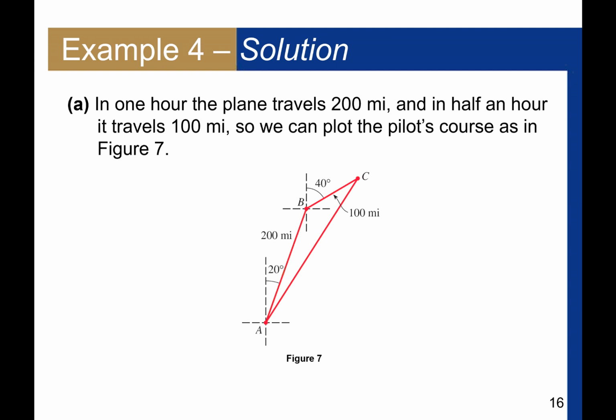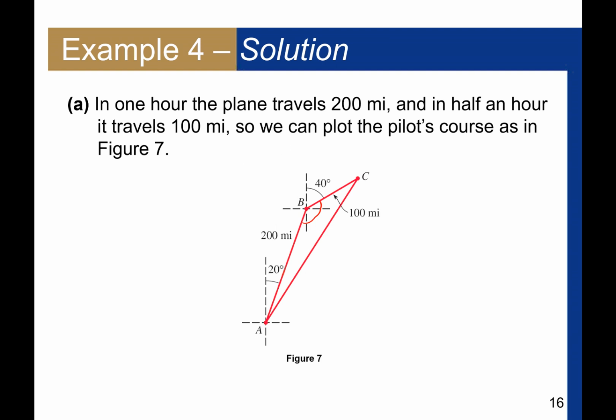Now the issue is, we have this side is 200, we have this side is 100. They're asking us in part A to calculate the third side. Clearly not a right triangle, not Pythagorean theorem here. We could use the law of cosines if we knew the included angle. That would make it side angle side.